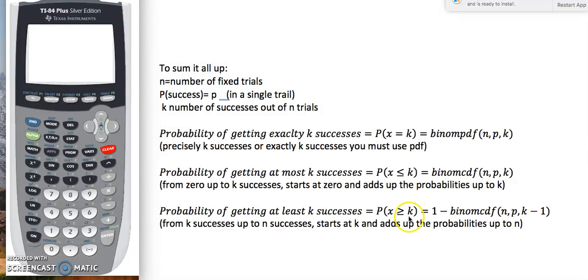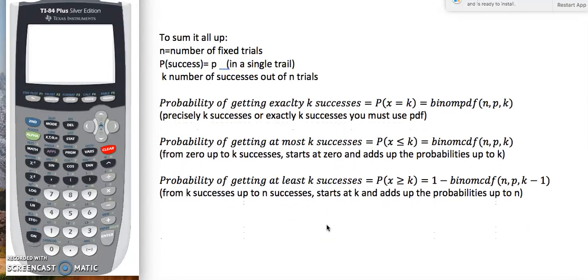So if k was 7, this is k minus 1, so 7 minus 1, this would actually be 6. So this has to be 1 less than whatever this number is. So whenever you say at least k successes, from k successes up to n, it starts at k and adds up the probabilities to n. So that concludes binomial probabilities and how to use the TI-84 calculator.